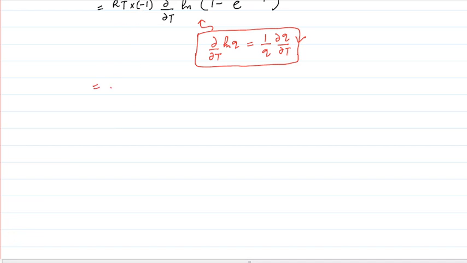Here it is minus, we will write it before RT², minus RT², and we will multiply.